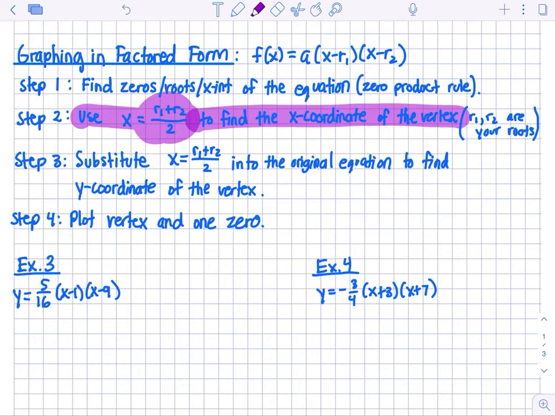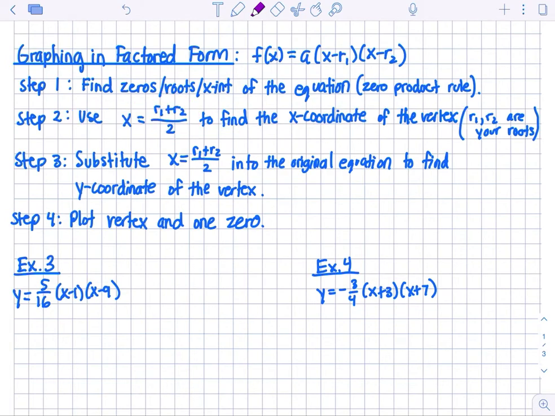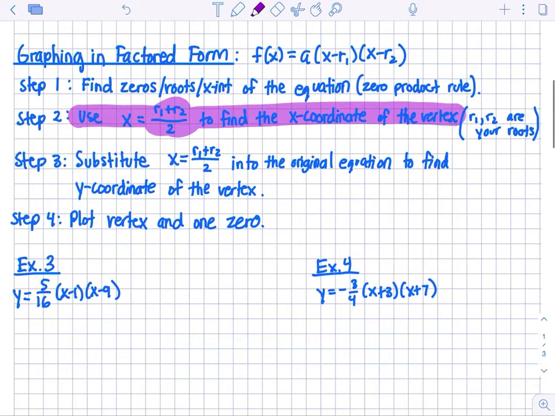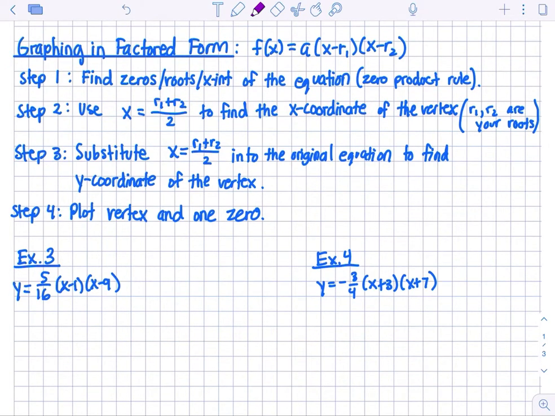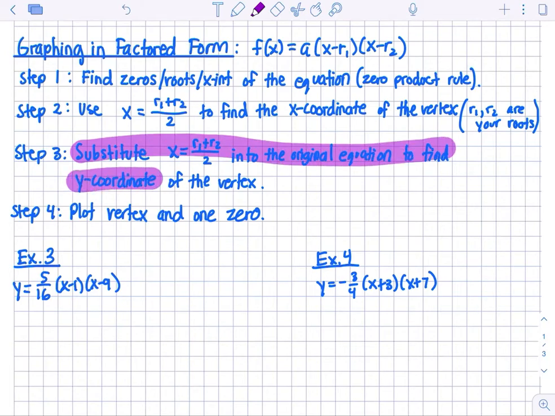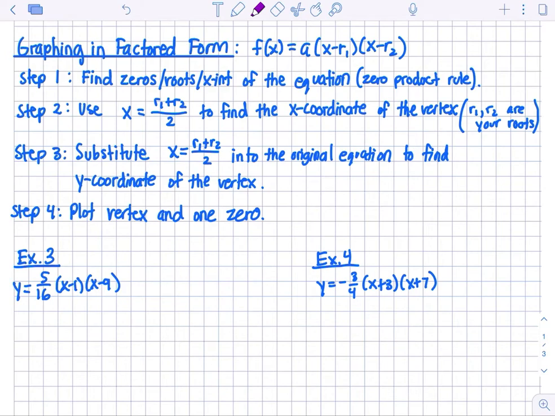So when you guys graph, you have to find your 2 zeros, and these are the steps on how to do it. This will give you your x-coordinate of your vertex. Once you have your x value, you plug that into the original in order to find your y value of the vertex. And then you will have your vertex.